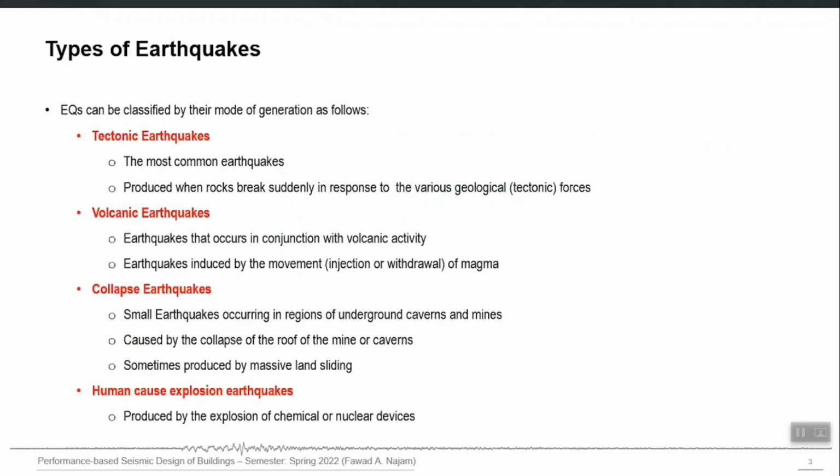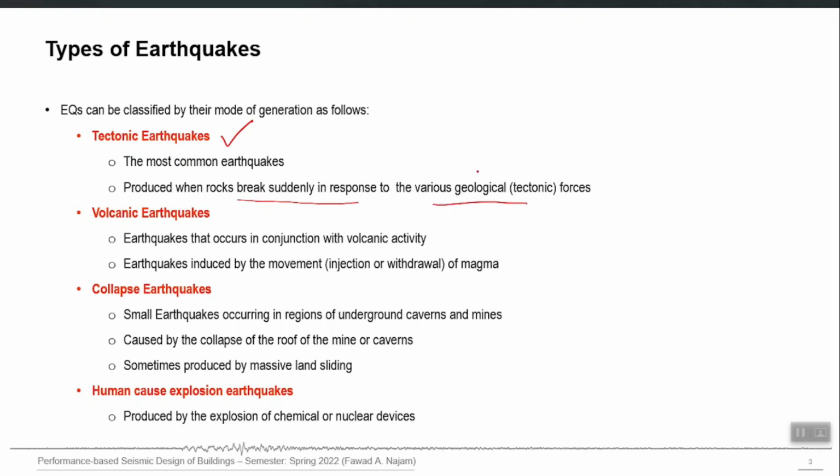There are several types of earthquakes. Tectonic earthquakes are the most common type, which are the result of interaction between different pieces of land or plates. So they are produced when the rocks break suddenly in response to various geological forces.